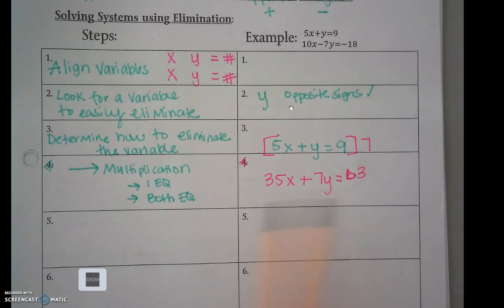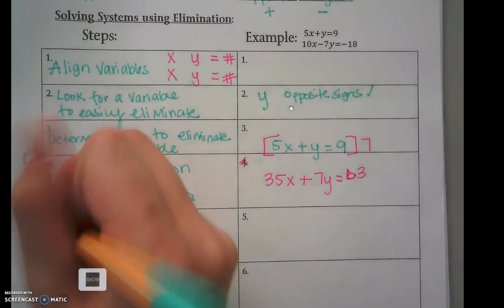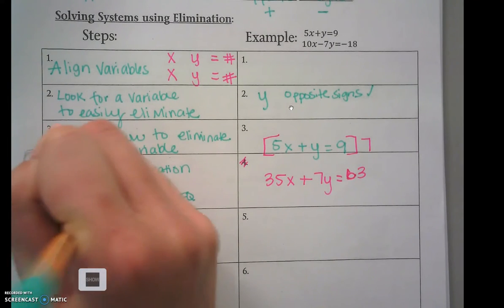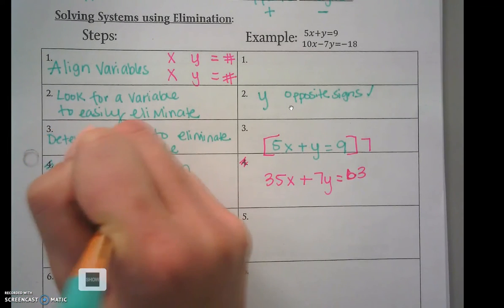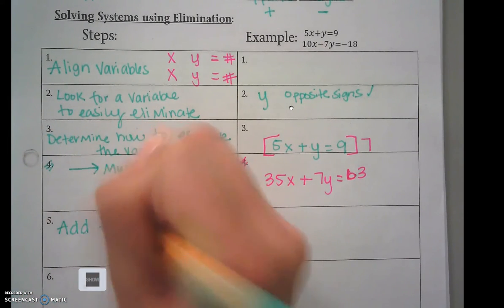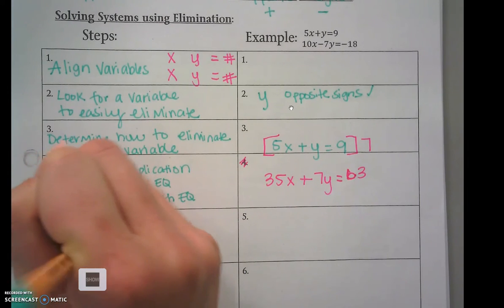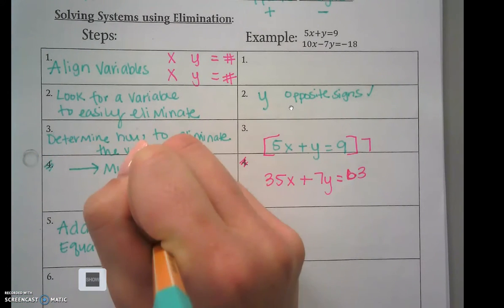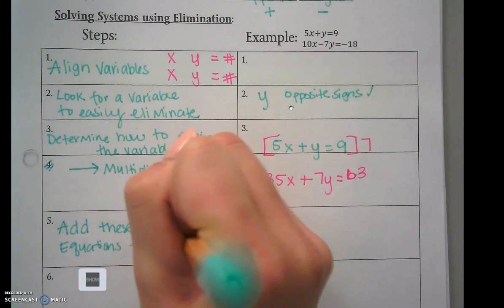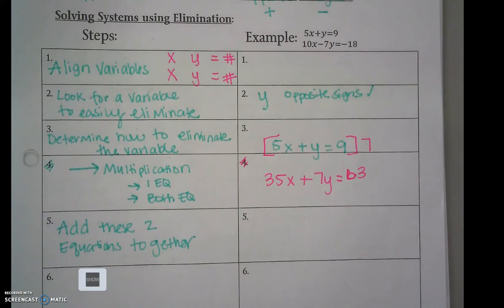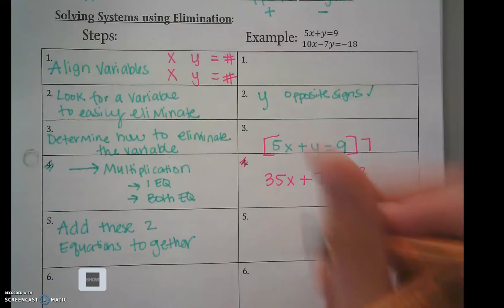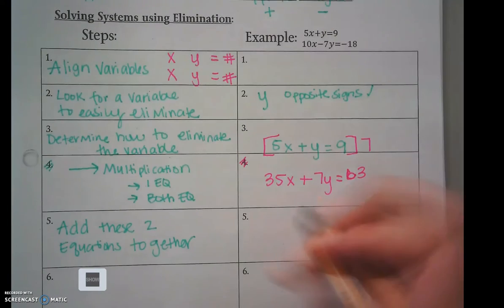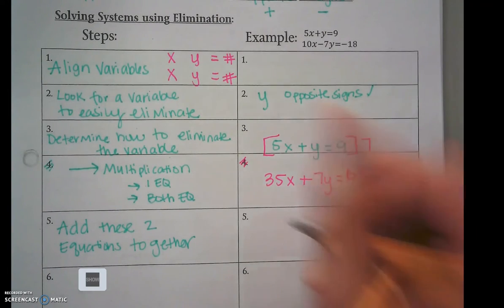Now that I have this equation changed, my next step is to add these equations together. When we add them together, we're going to write them one on top of the other. So we're going to write this first equation because it was the first equation on top.